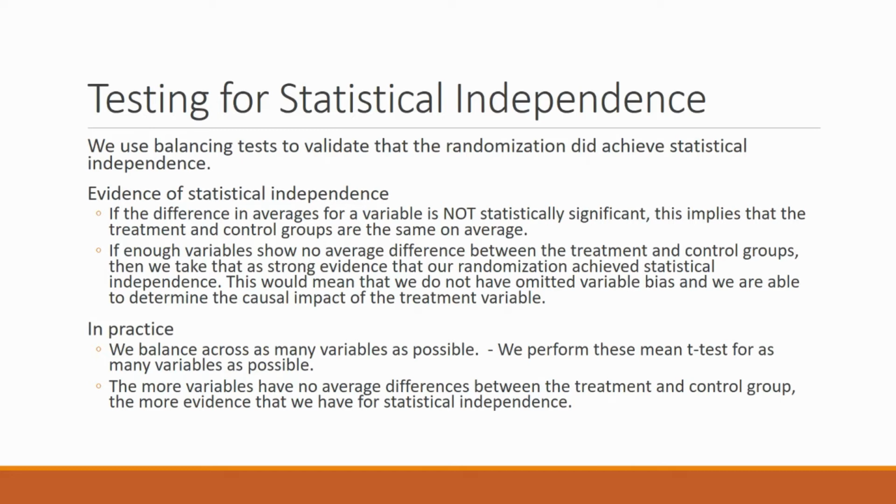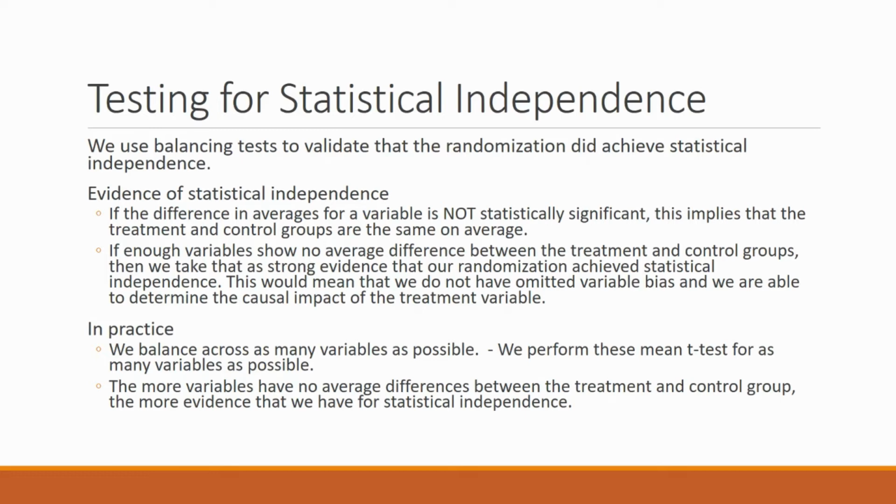Remember, I just want to make this very clear. If we have statistical independence, then we will not have omitted variable bias. Statistical independence means that the treatment variable is not going to be correlated with other variables, which means we will not have omitted variable bias.